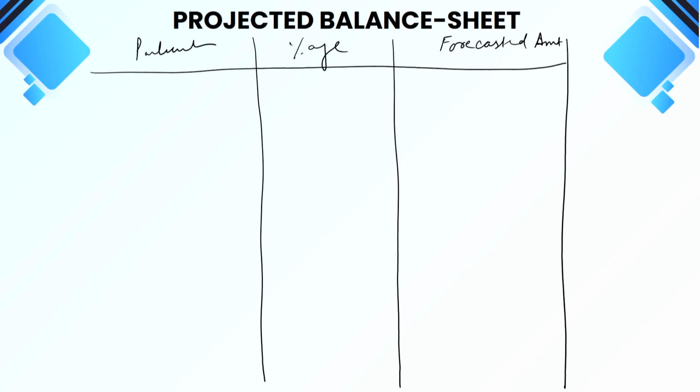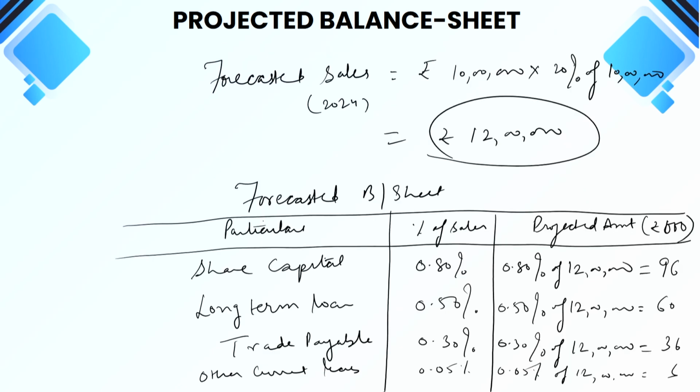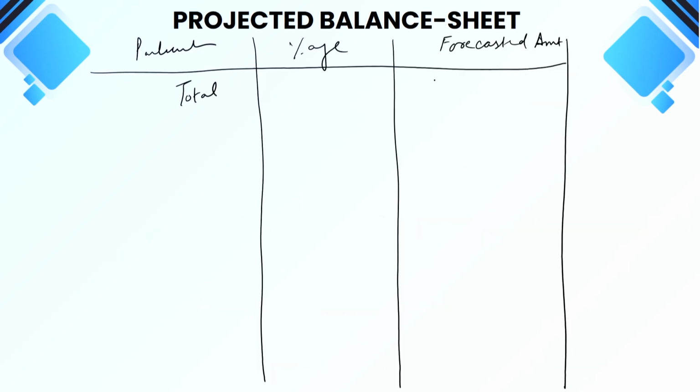Then the next is the total of the liability side, which, the total of these four items, is 198, because the figure is in thousands.